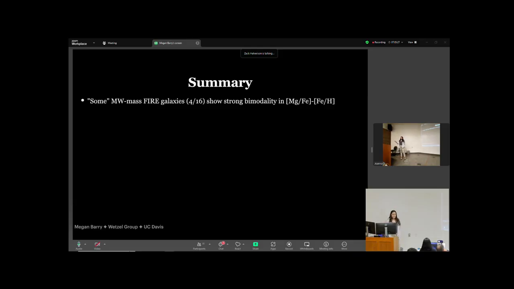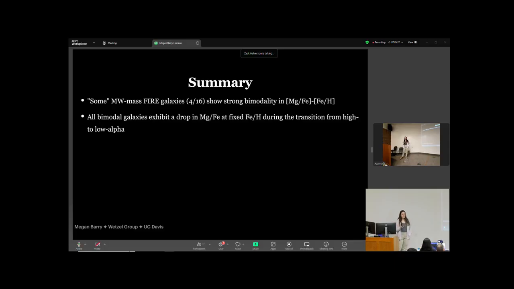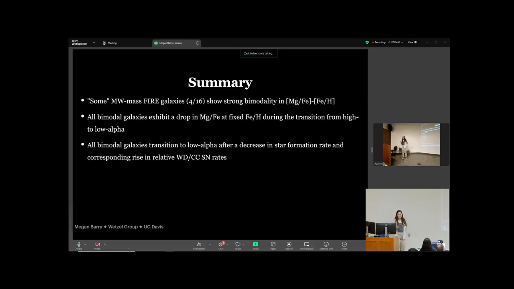But I am low on time, so I will summarize that we find that some Milky Way mass FIRE galaxies have this feature. Not most, not none, but some galaxies have this, some of them don't. They all have this characteristic straight drop in alpha at fixed iron, where they spread out along a radial gradient.